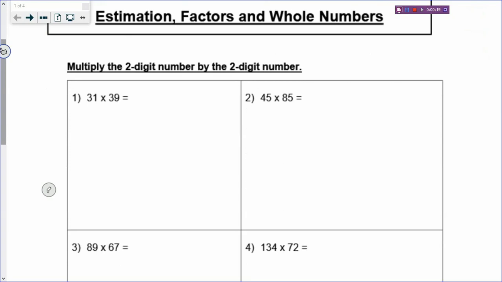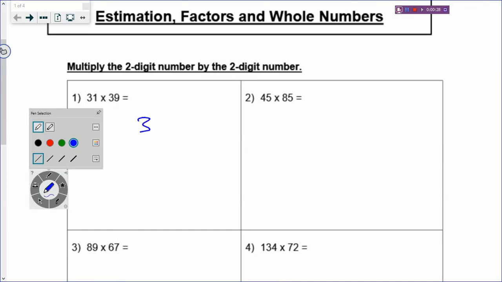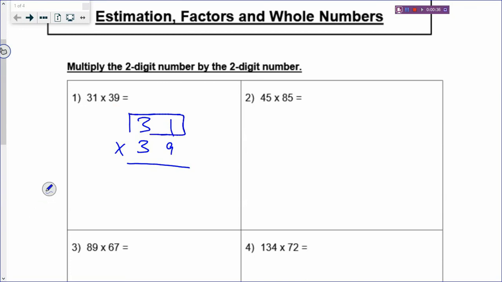Now, 31 times 39. In P4, you have to learn how to multiply two-digit numbers. So you take 31 and you multiply by 39. So how do we exactly do this? You always look at the top number, and then you multiply by the 9, which is in the ones place.